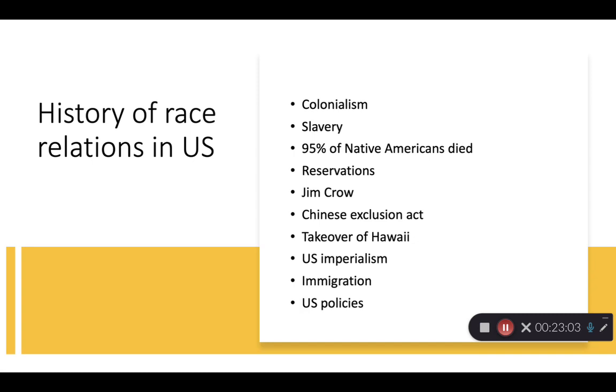Okay? So immigration patterns: initially you had lots of different groups coming over, but then it became primarily people from Africa and from Europe. And then in the 1800s, you start to see people from China and other people from Asia come over. And then after that, we started to have a lot of Eastern Europeans.